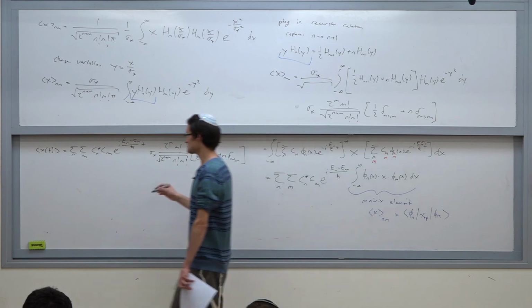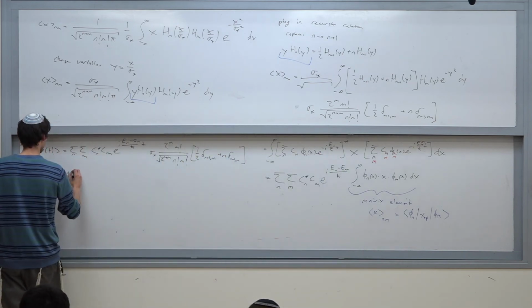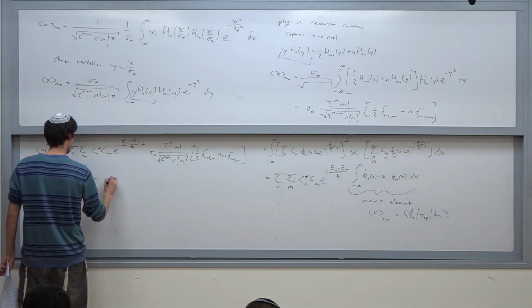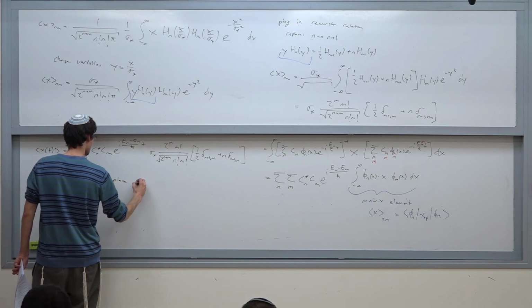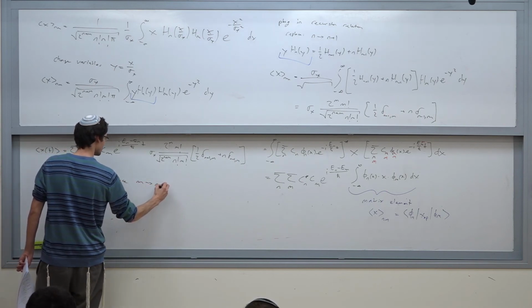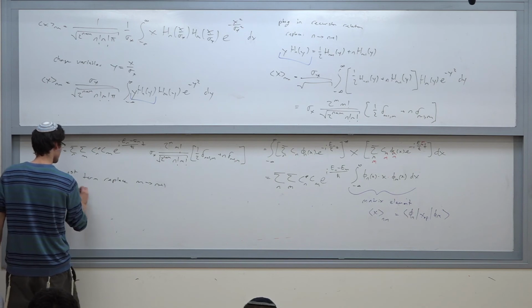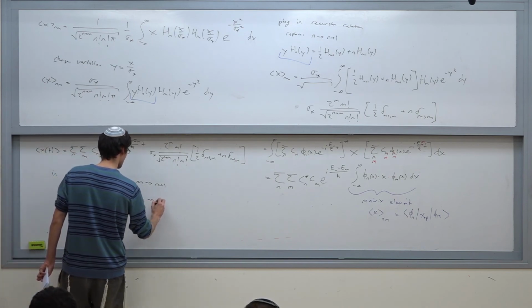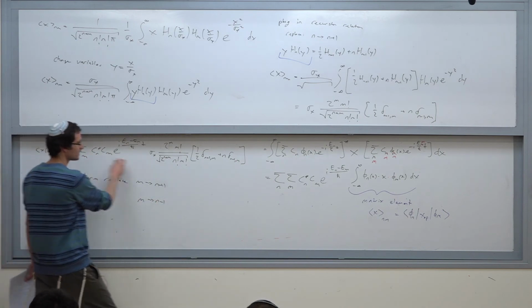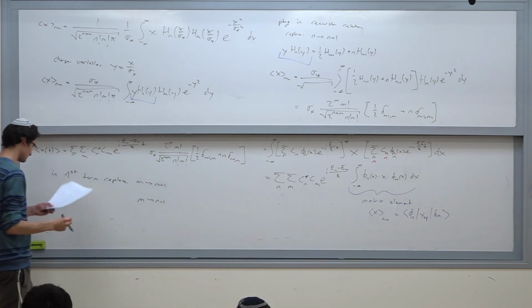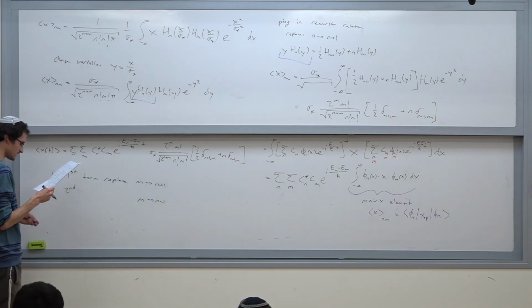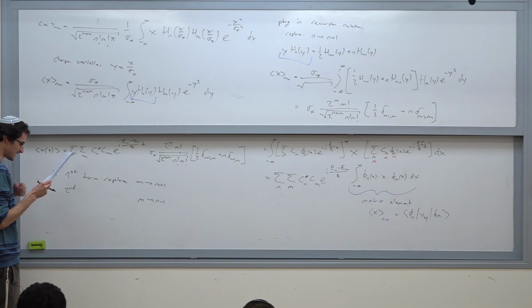Right? First term, replace m by n plus 1, and the second term, replace m by n minus 1. That's what summing over m with a delta function means. That's how it's done. It's the definition of a delta function. It picks out the value.